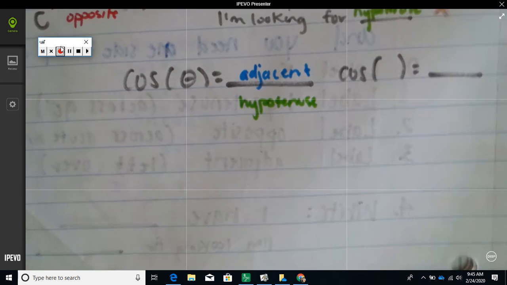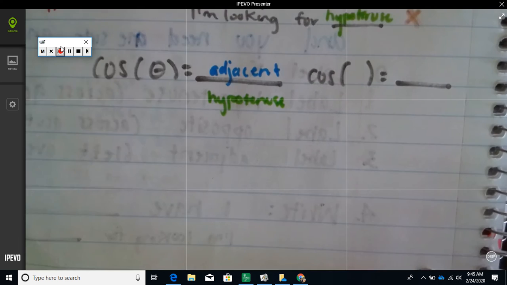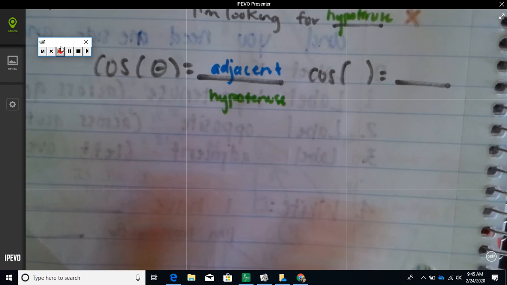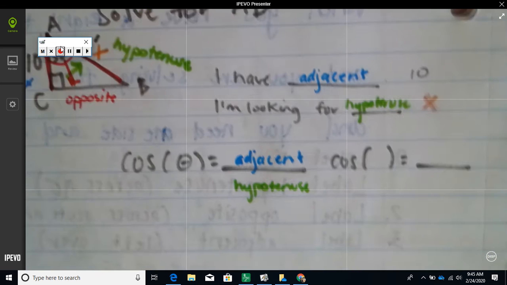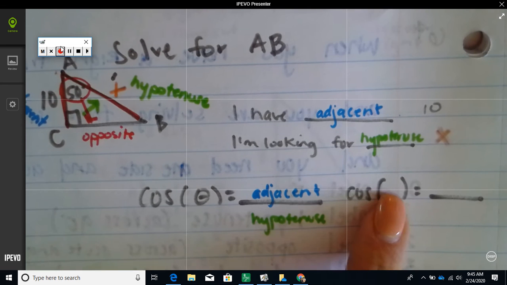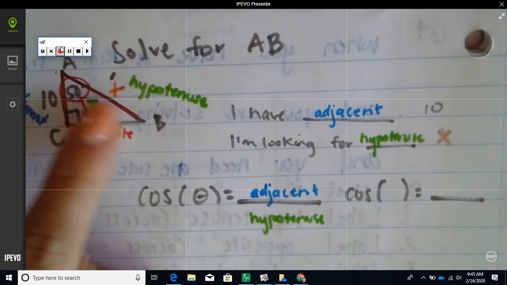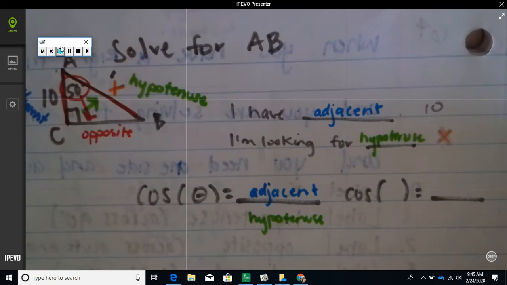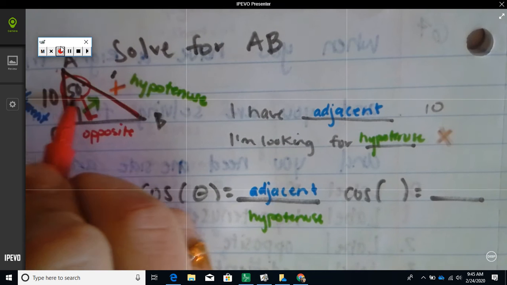Okay, the cosine, what goes in the parentheses is the angle. What goes inside the parentheses is the angle that you circle inside. So what's the angle that you circled inside? 50. I circled the 50, so that's what goes there.